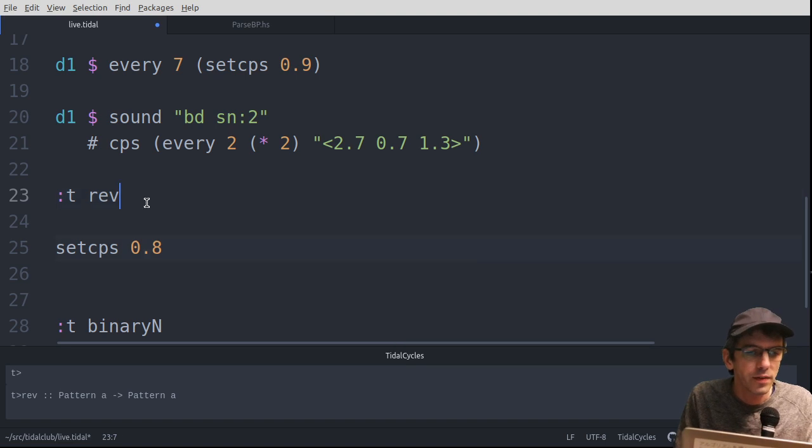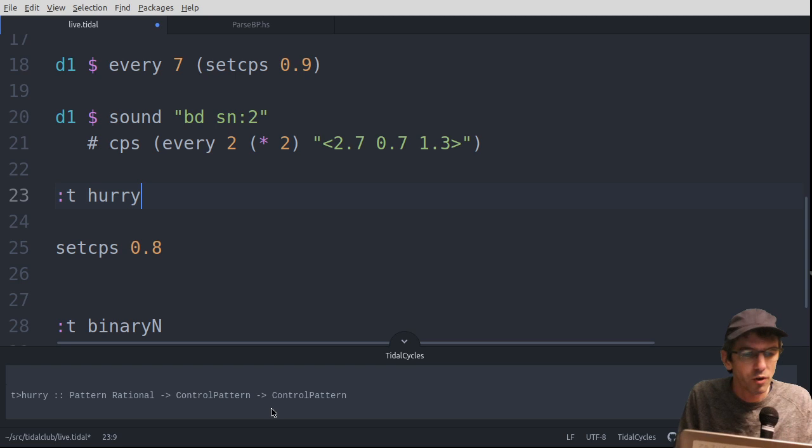There are some functions which are more specific, like for example, hurry. So hurry will only work on control patterns, which are patterns of controls. That means hurry will only work on something like sound or CPS or vowel.